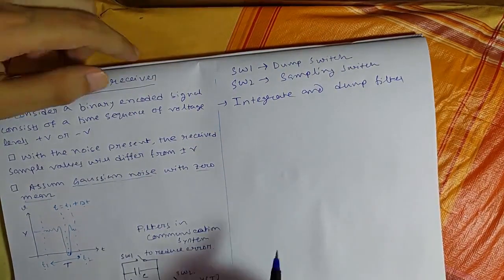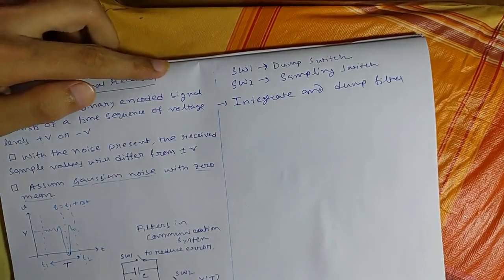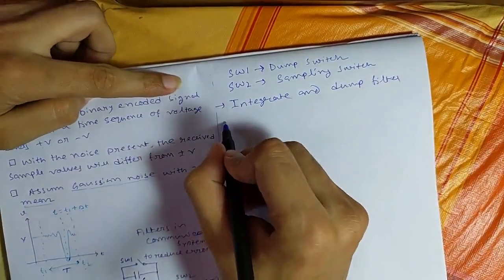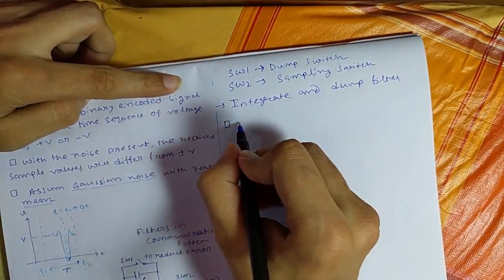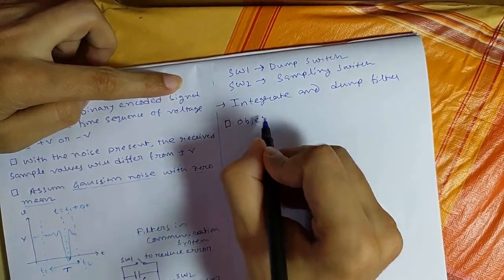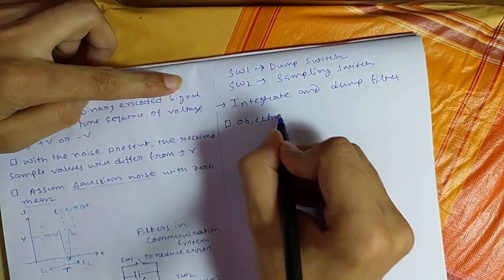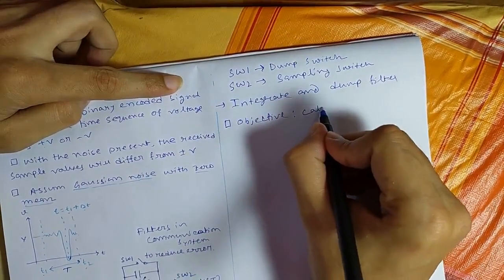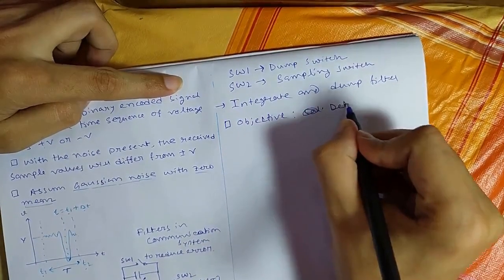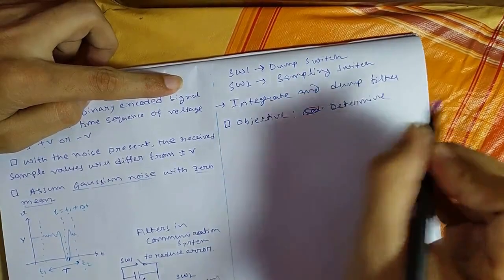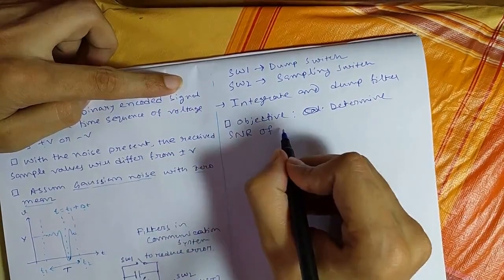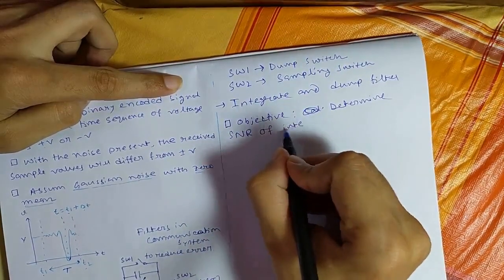Now we need to calculate the signal to noise ratio for this integrate and dump filter. So the objective: determine the SNR of the integrate and dump filter.